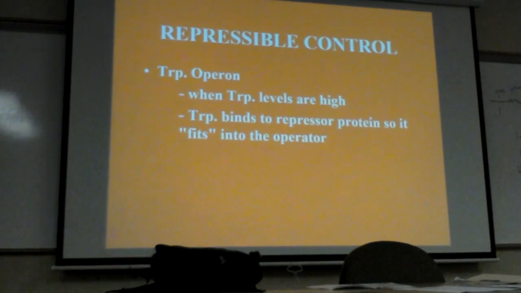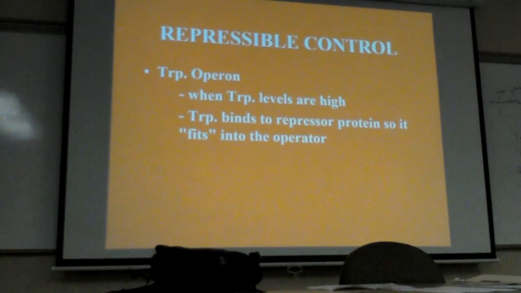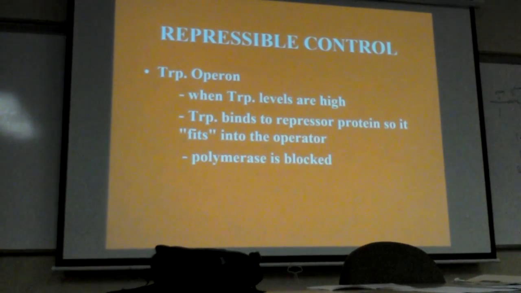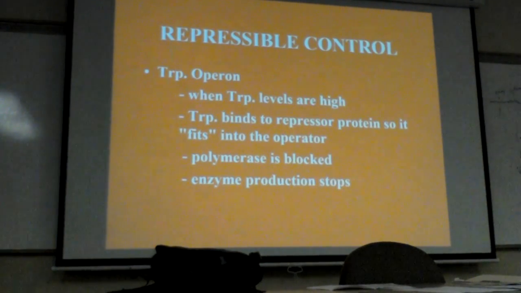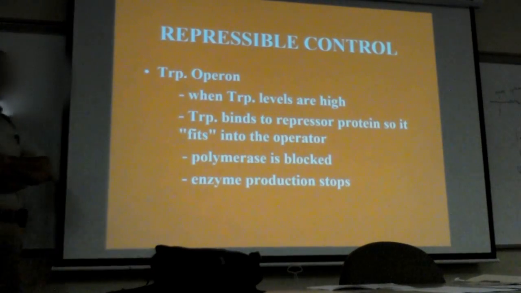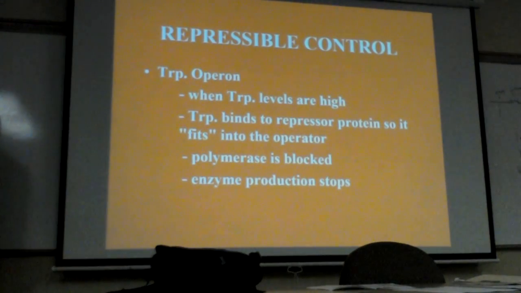Well, if the repressor can repress, we're going to stop making proteins, aren't we? Because polymerase is going to be blocked. Polymerase can't go through, transcription can't happen. Transcription can't happen, translation can't happen. So the end result is we stop making the enzymes to make tryptophan.